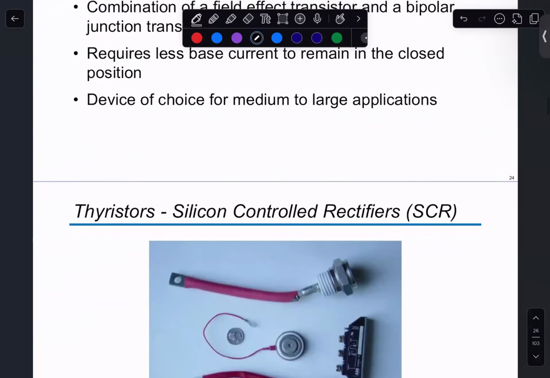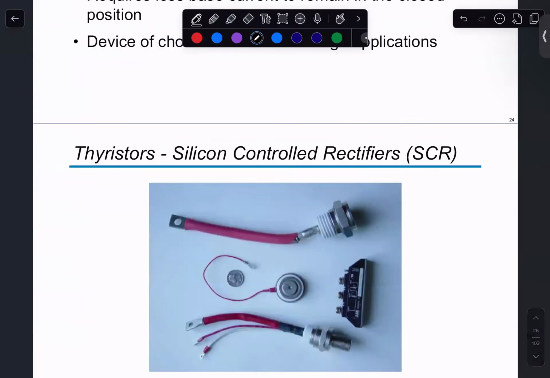And for this class, an important device that you may not see at other places is the so-called thyristor. This is the silicon control rectifier, and the way we think about it is basically a control diode. When we had a diode, it just turned on at 0.7 volts, allowing a single direction of current flow when the forward voltage is 0.7 volts.